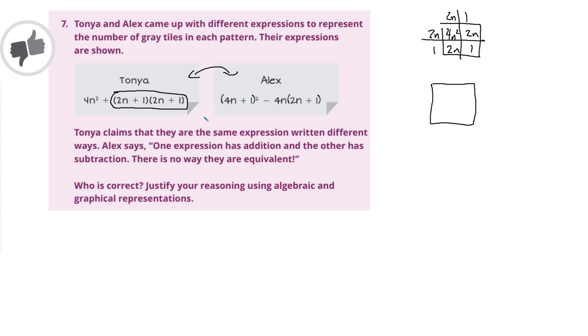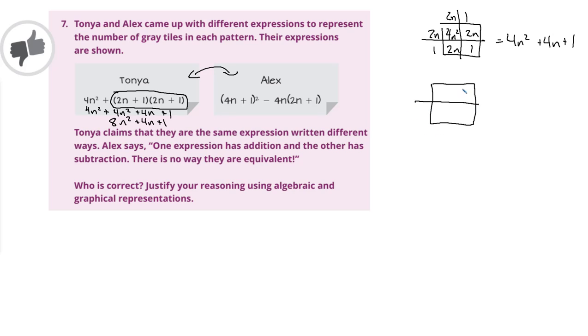And then for Alex, actually, let's go ahead and finish up Tanya's. So we have 4n squared plus, and this would combine down to 4n squared plus 4n plus 1. When I combine like terms, I get 8n squared plus 4n plus 1.